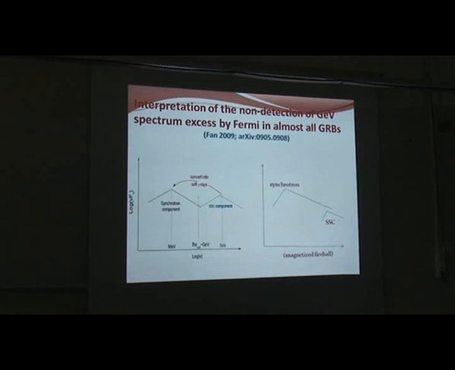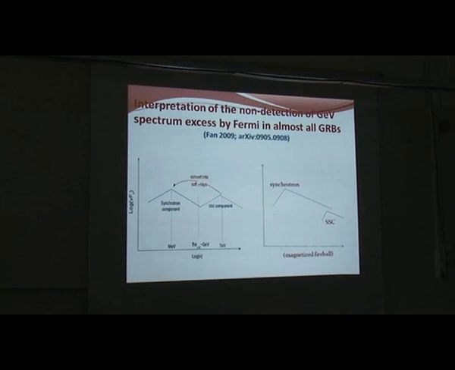Such energetic photons couldn't escape from the fireball, so we didn't see the GeV excess. But one can also interpret the non-detection within the magnetic fireball model, because in this model the synchrotron self-Compton radiation is initially weak. And of course we don't see the synchrotron component in the MeV peak, but we see directly the inverse Compton component, for example, and then there's no other component on top.